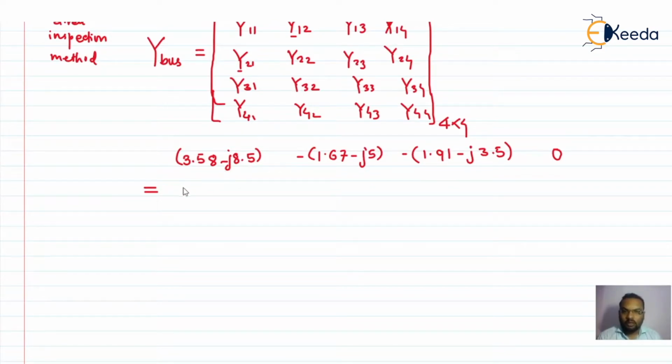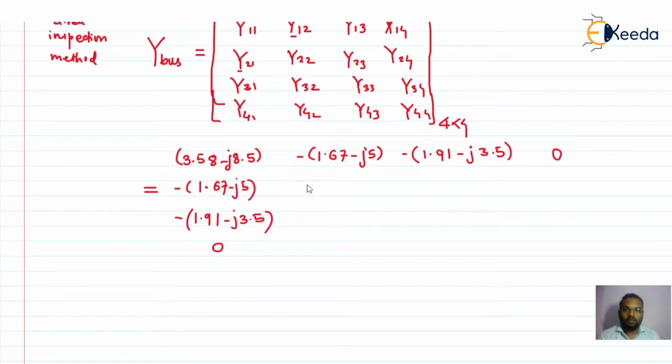So I can write these terms as minus 1.67 minus j5, this term as minus 1.91 minus j3.5, and of course this last element here will be 0.